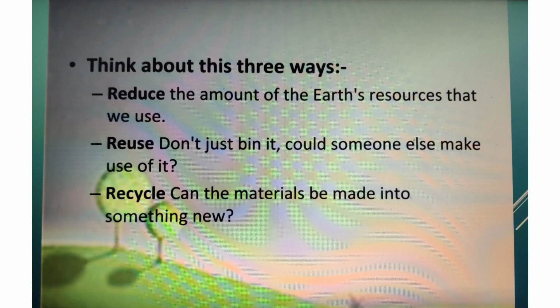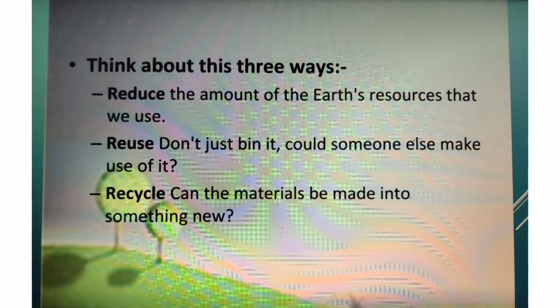That is, first is how to reduce the usage of resources. Then the second point is how to reuse the product. And the third one, after the life cycle of a product, how to recycle the product to make something new.